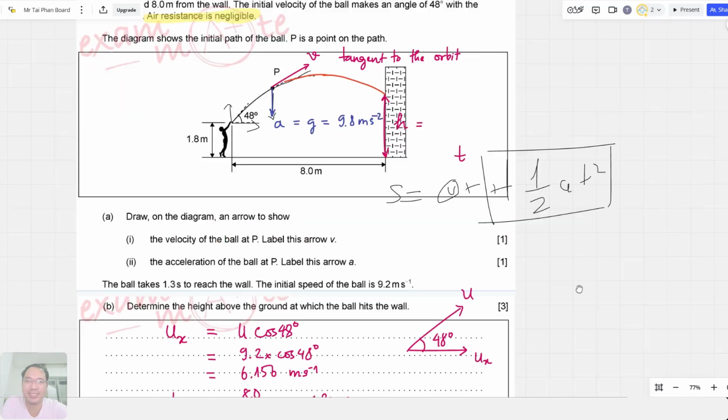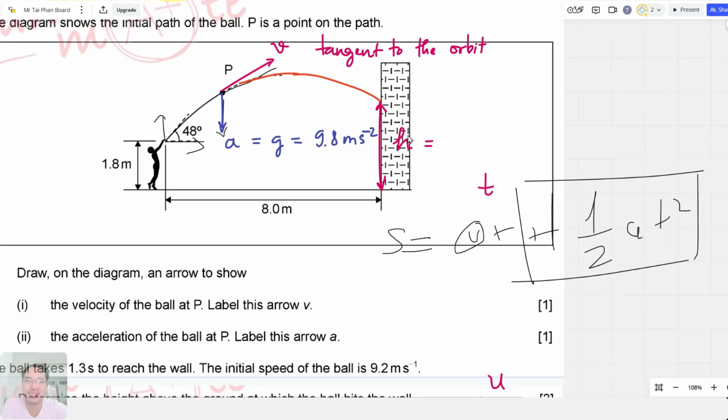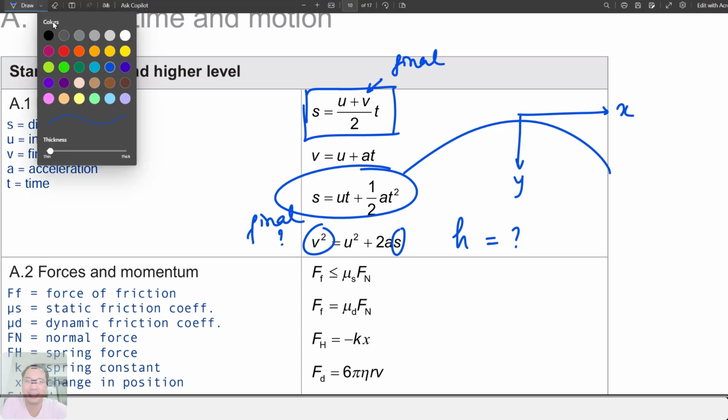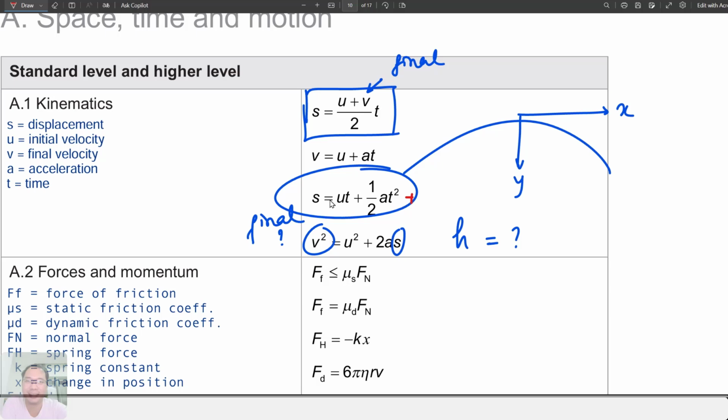Now, to find the height, we're going to change this given equation in the booklet a little bit by adding an initial height. This equation now assumes that I am using it for the vertical component only. S here is the vertical coordinate, the y coordinate.